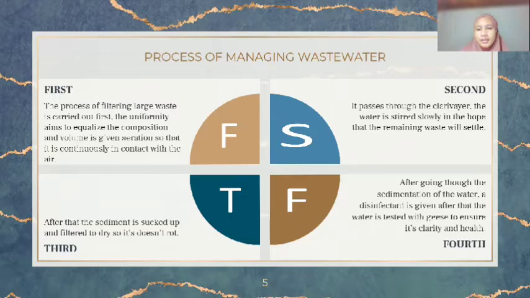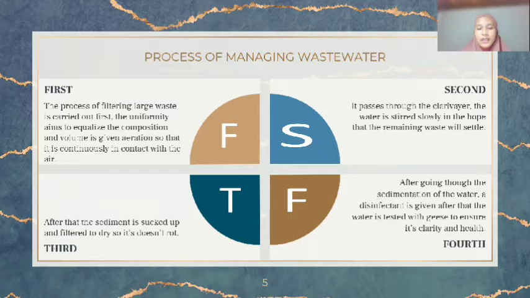And next, the second. It passes through the clarifier layer. The water is stirred slowly in the hope that the remaining waste will settle. And next, the third. After that, the sediment is sucked up and filtered to dry so it doesn't rot.